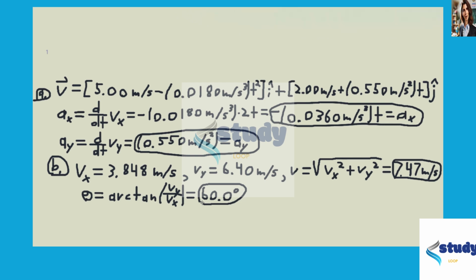And then part C is saying what are the magnitude and direction of the car's acceleration at t equals 8 seconds. Now what we do is look at the x and y components of acceleration, which we already have from part A, and then plug in t equals 8. So I'll plug in t equals 8 for the equation of ax from part A, and then I'll get my result.